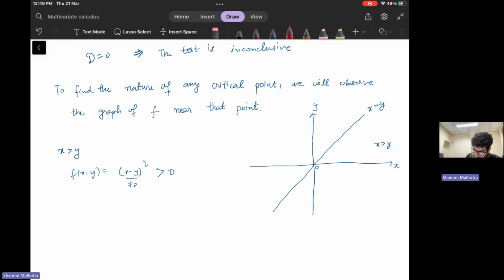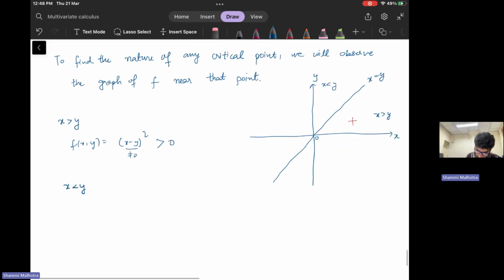So my function is positive in this region. And then you have to see when x is less than y. My f is again x minus y squared, and this thing is non-zero, so this is again positive.